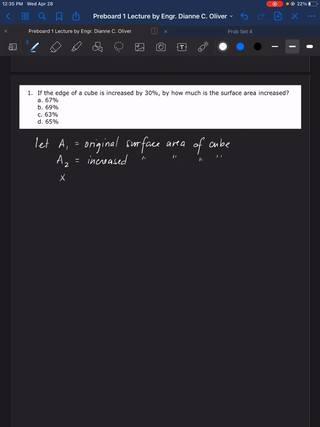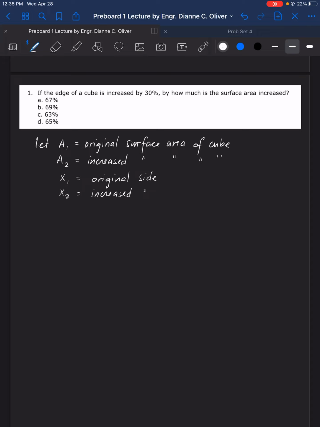Then we have x1 as the original side measurement, and x2 as the increased measurement of the side.